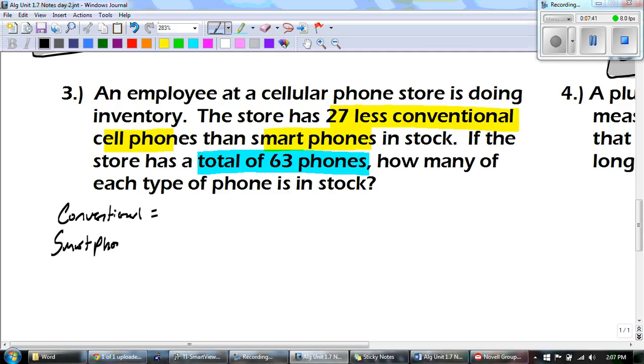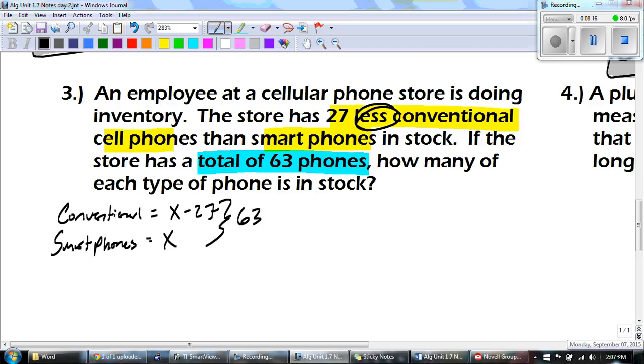That's how the first cell phones were. So we have conventional and smartphones. The store has 27 less conventional phones than smartphones. They didn't tell me anything about smartphones, so that's going to be x. And this 27 less is going to be x minus 27. So the total together is 63.